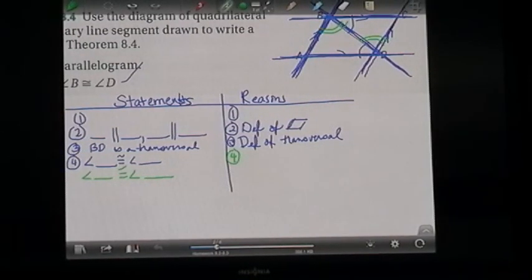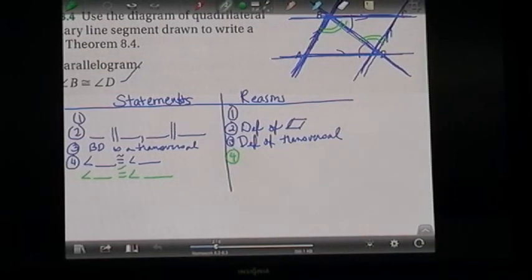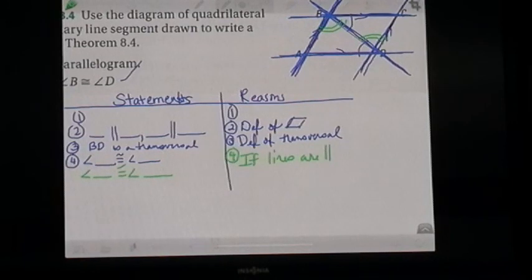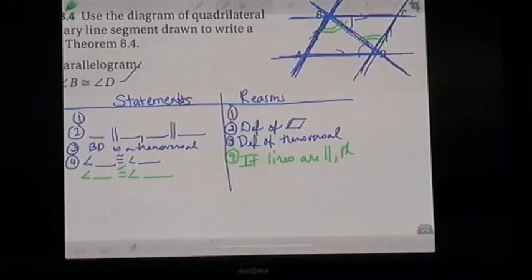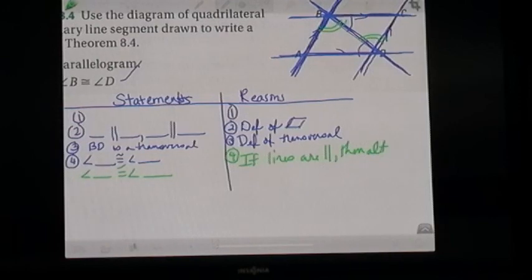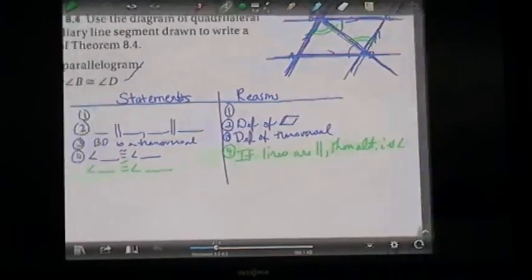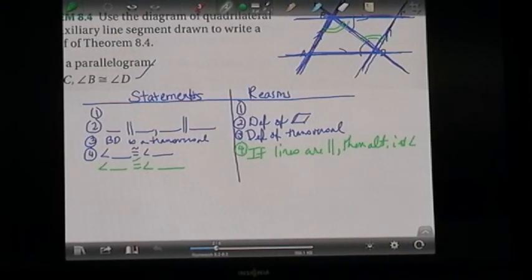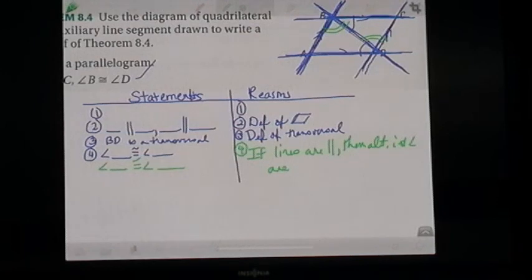If you don't, you need to put it on your theorem list. And what was that theorem that we said? If lines are parallel, then alternate interior angles will be congruent. And you can use symbols.